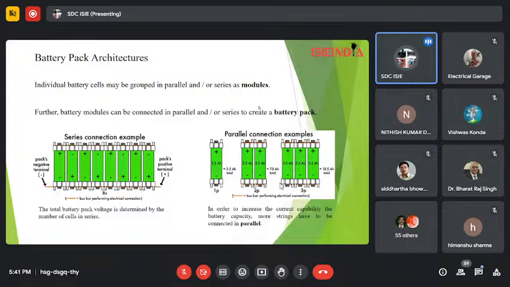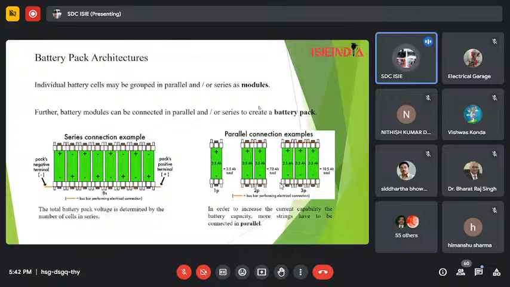The advantage of creating modules is that we can distribute the weight of the battery pack. If I connect all 1,000 cells inside one unit, it's very hard to remove, maintain, fit inside the vehicle, or replace. So I will create small modules so that I can distribute them properly.